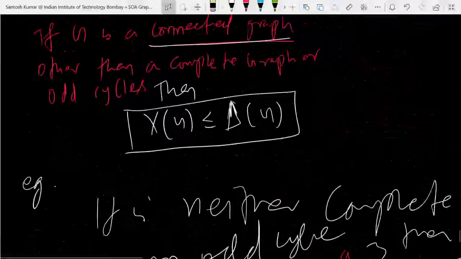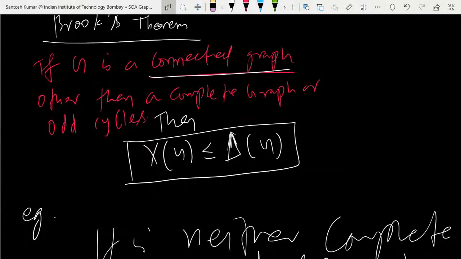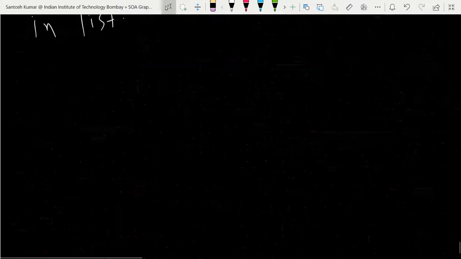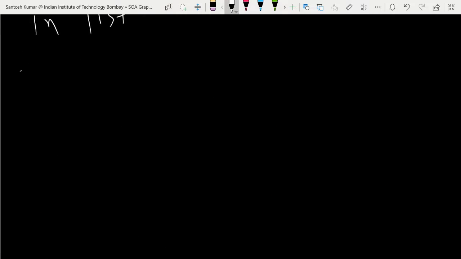And this result was for connected graphs. So if G is a connected graph other than a complete graph or odd cycle, then the chromatic number has this upper bound delta G. Okay, so now let's verify this by a few more examples.